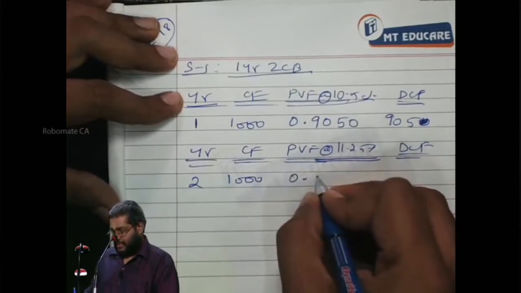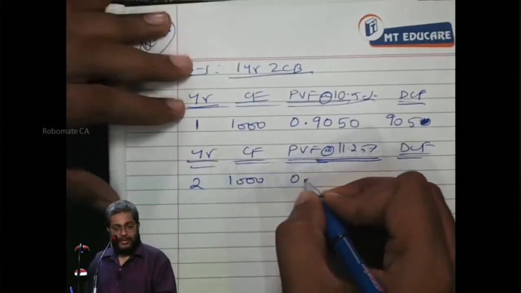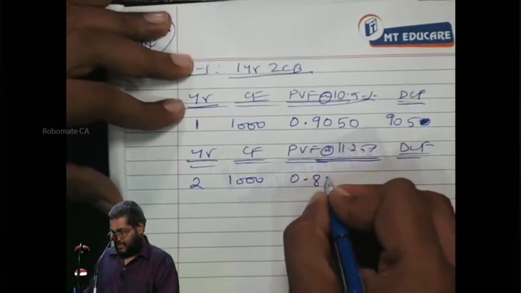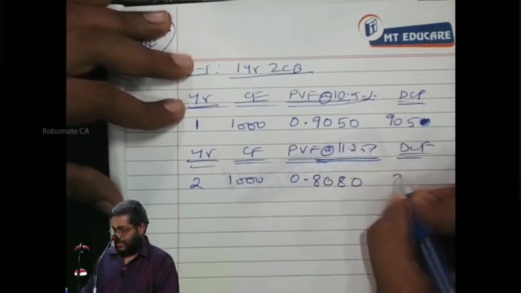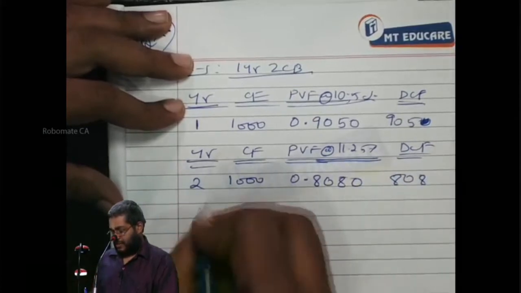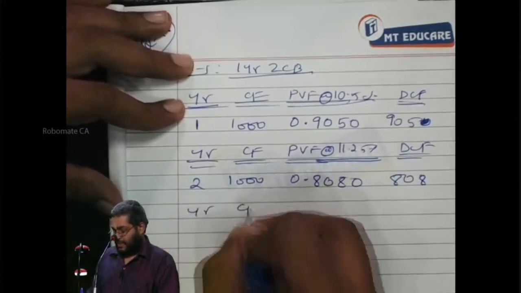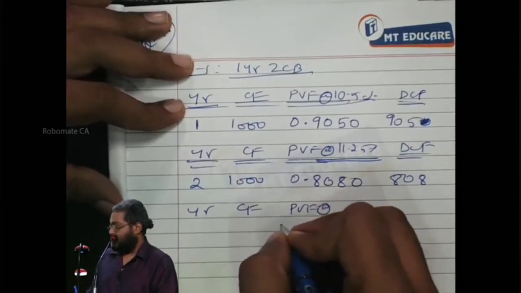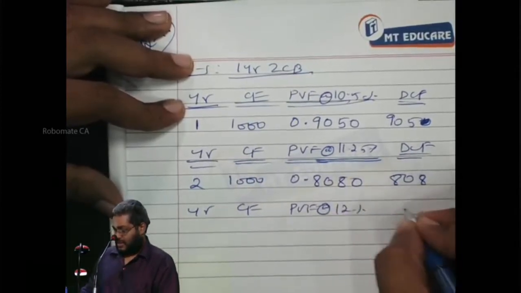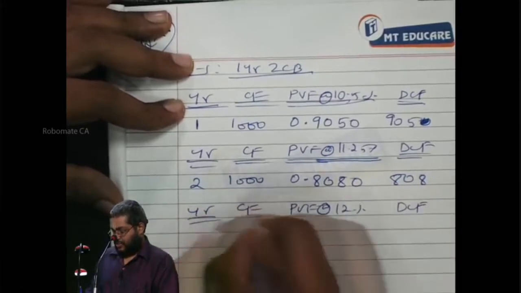0.80. It gives how much rupees here? 808 rupees. Now, here, cash flow, present value factor at how much percentage? 12%. And then discounted cash flow.